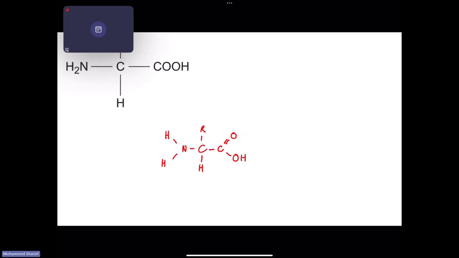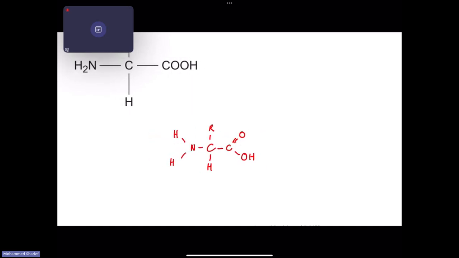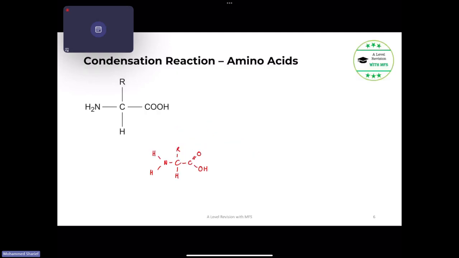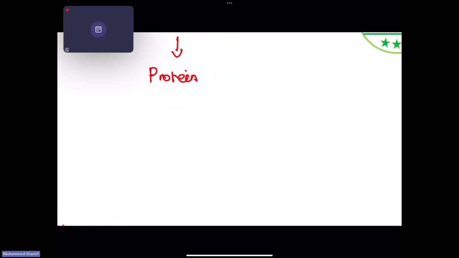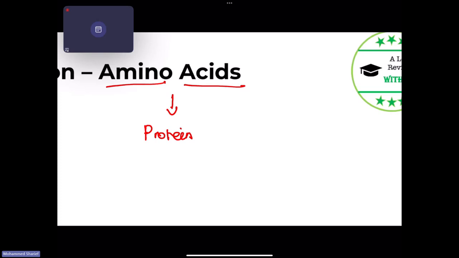What's actually going to happen is that, remember, a polymer is made from many monomers. Many amino acids come together to form a protein. And we will look at this later, but the definition of a protein is basically the sequence of amino acids.